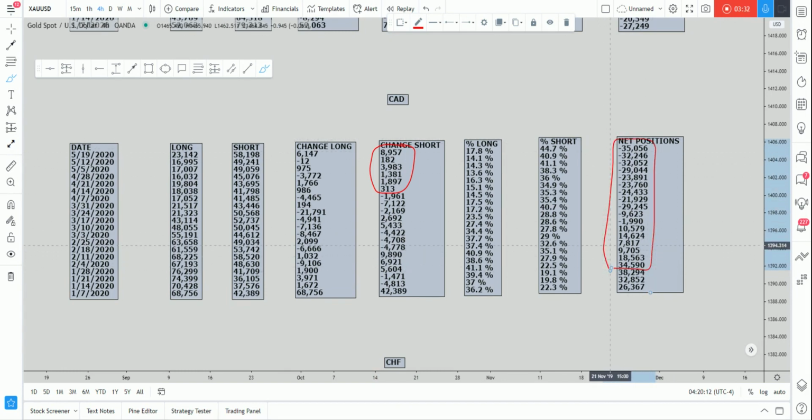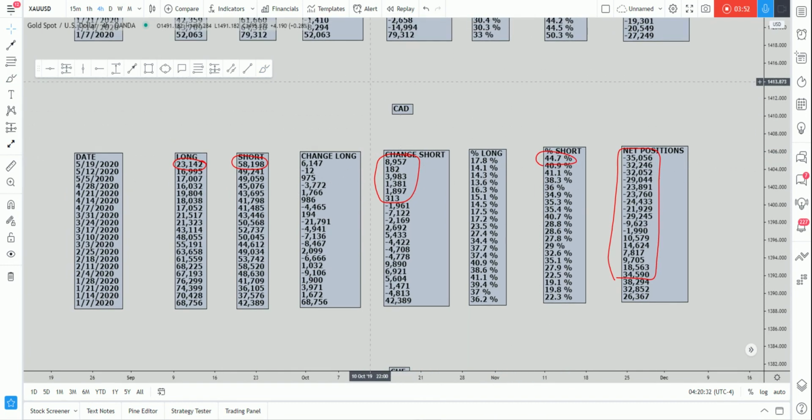So basically from having longs greatly outweighing shorts to having shorts greatly outweighing longs, with 23k longs at the moment and 58k shorts. So as you can see, shorts outweighing the longs with a 44.7% short exposure. So the CAD is definitely weak.